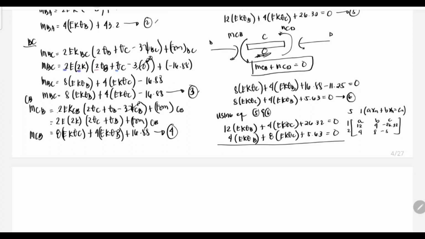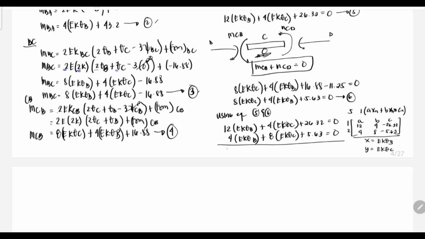Ito naman, we have negative 5.63. Bakit naman negative? Kasi po, dito sa equation nyo on your calculator, naka-equal po yan. Okay? So, right after natin ilagay yan, equals nyo lang po. Therefore, your X na makikita nyo dyan, yung X na sagot, that is your EK theta B. Yung Y nyo naman po dyan would be your EK theta C.